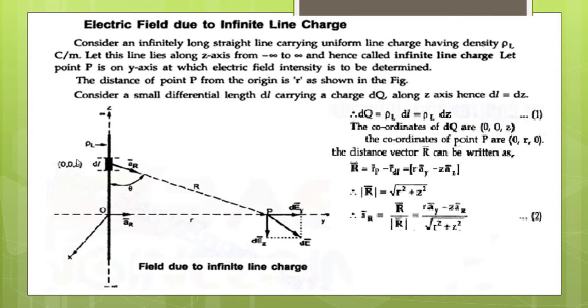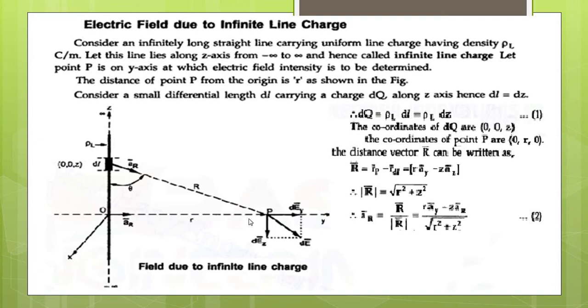Here we need to consider the cylindrical coordinate system. These are the coordinates 0, 0, z, and the coordinates of point P are 0, r, 0. To write the distance vector R, which is the distance between dl and the point P, this is the equation: R is equal to Rp minus Rdl.